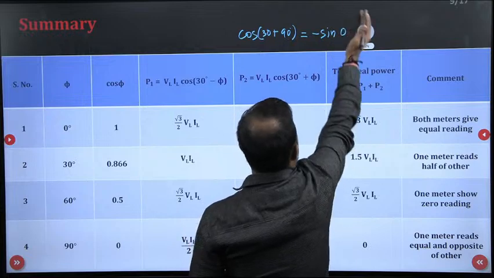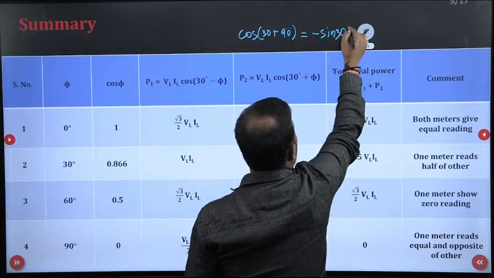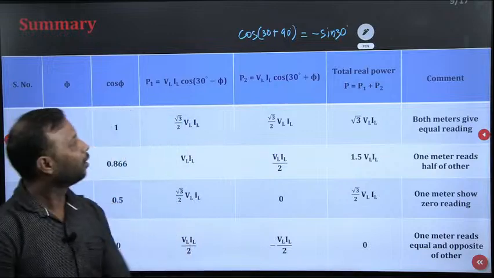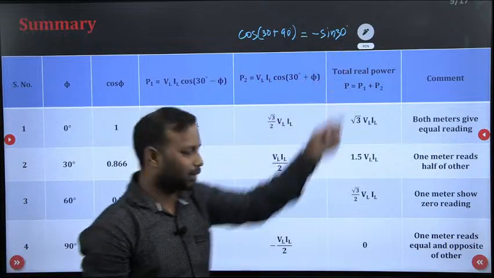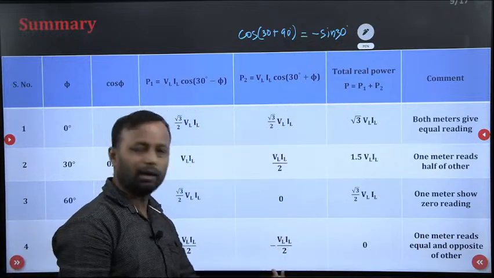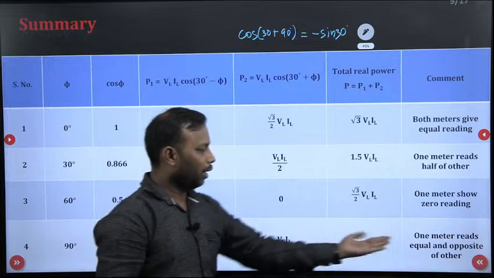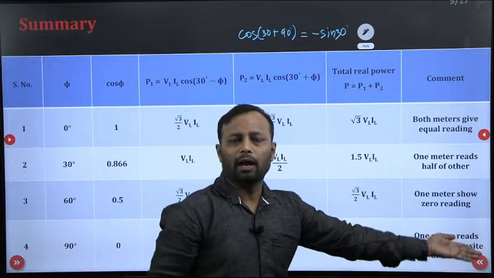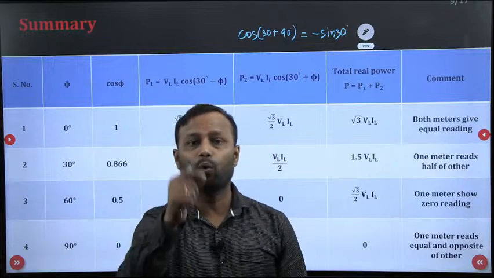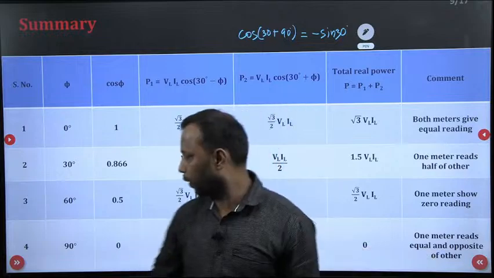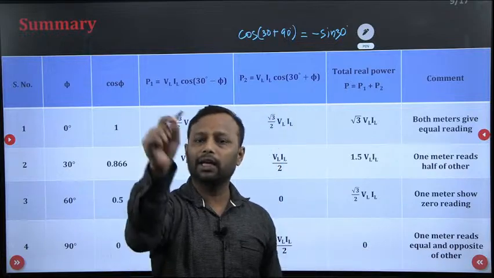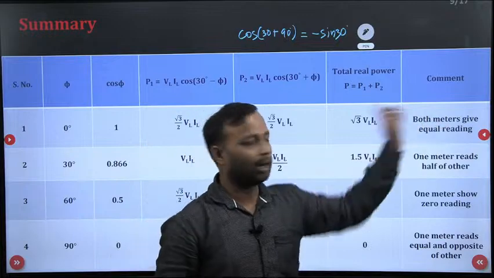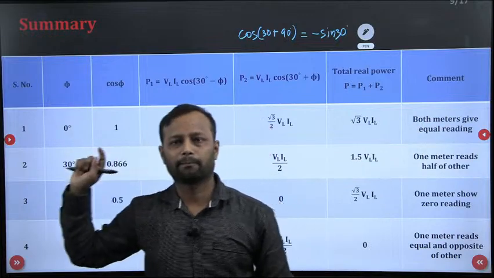So here minus sin 30. Minus sin 30 is minus half. So if you see here, minus VLIL by 2. So if the question says that the wattmeter readings are equal and opposite, then the power factor angle will be 90 degree. If they are equal but not opposite, then the power factor angle is 0 degree.